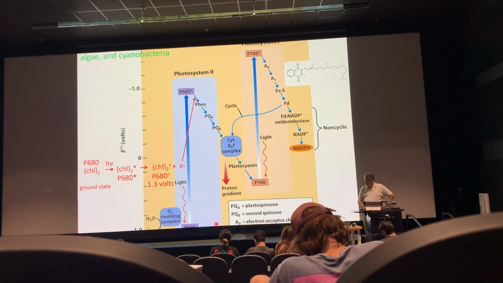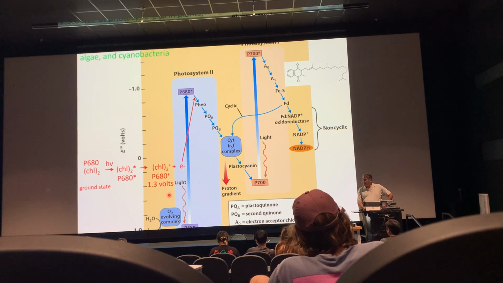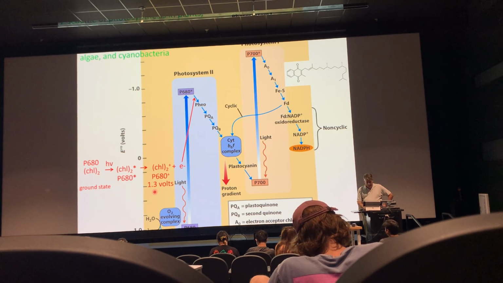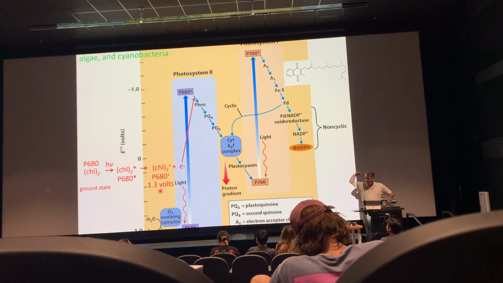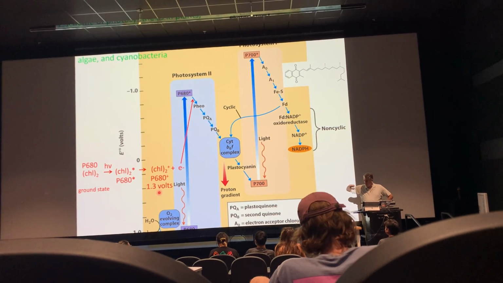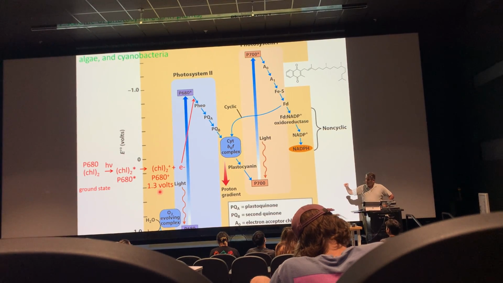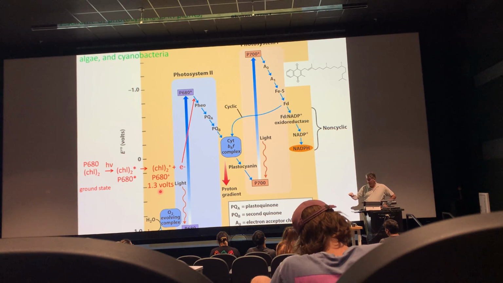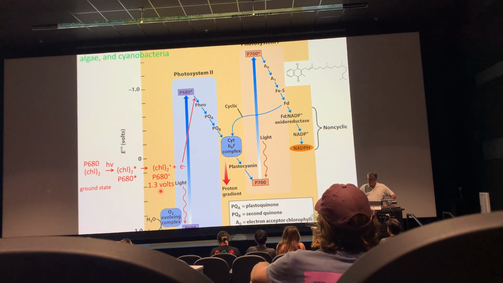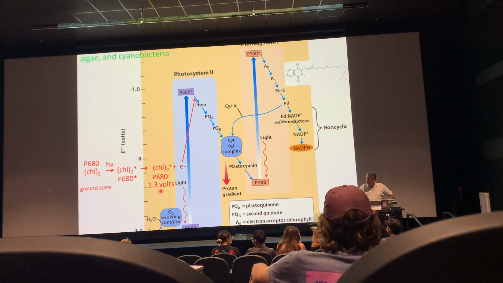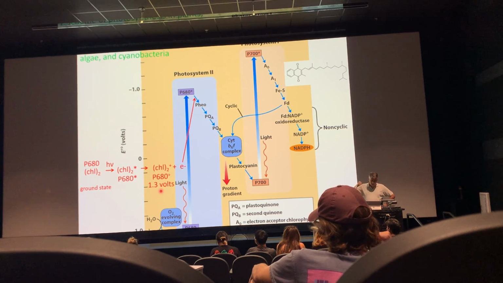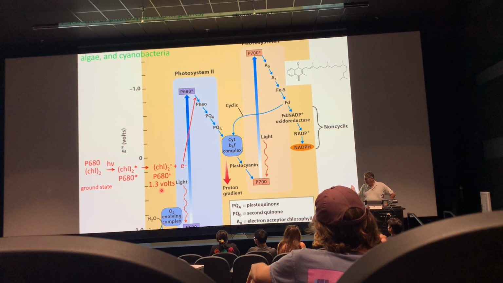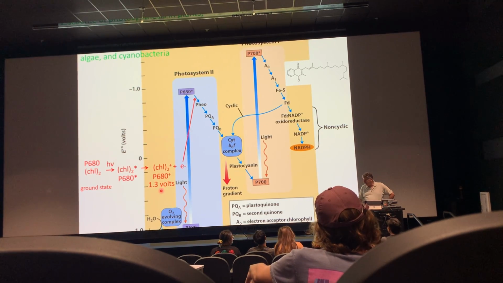So what I would like you to remember, and I'll try and emphasize it as much as I can, remember when we had that table of redox potentials for mitochondria, and oxygen was at the bottom, and it wasn't even close. I said, oh, give me those electrons. That was like 0.8. So this is like, give me those electrons. It is the most positive redox potential known in biology.